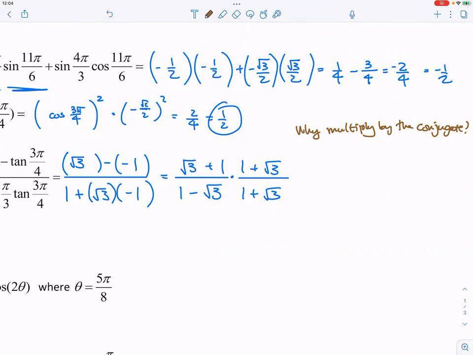That's a conjugate. 1 minus root 3 and 1 plus root 3, they are conjugates. The second thing is that our job is to not have a square root in the denominator. So we would hope that we can just square everything, but you have to make sure that you find a legal way to do it without violating any rules in mathematics. And one thing that we can do is that, wait, hold on. Can we do something like this?